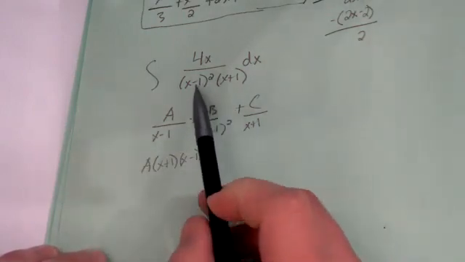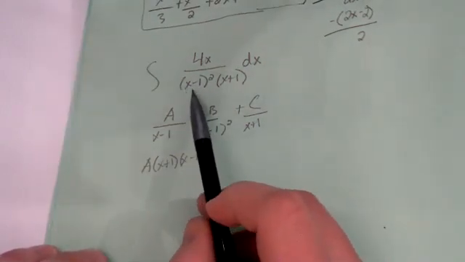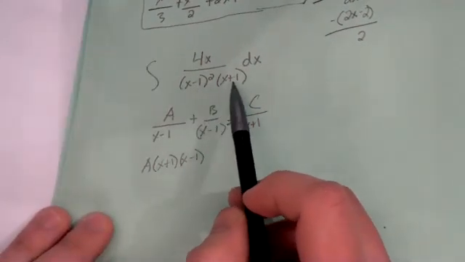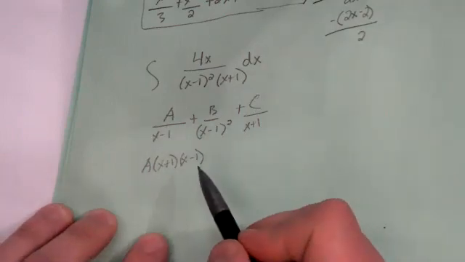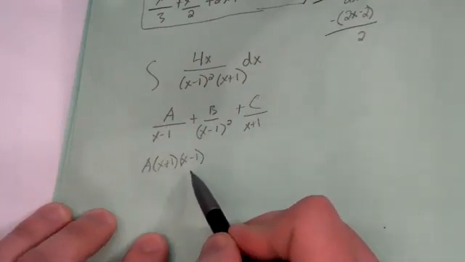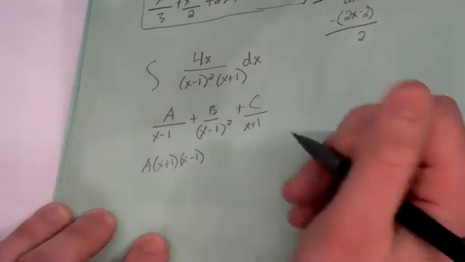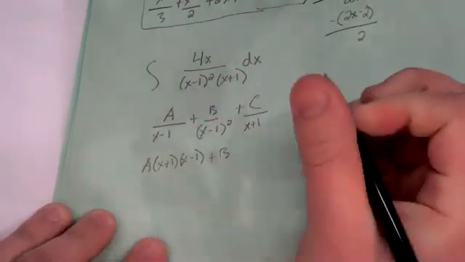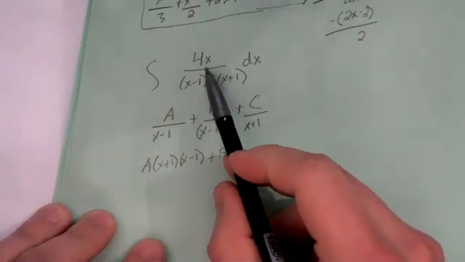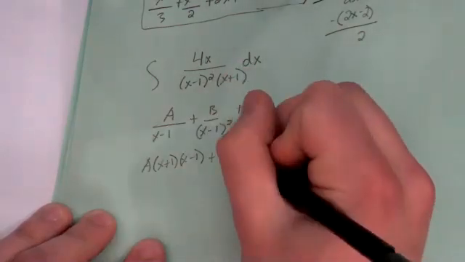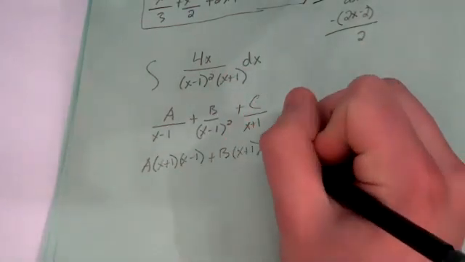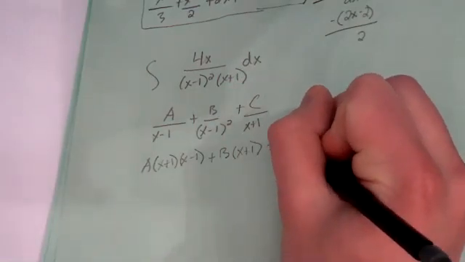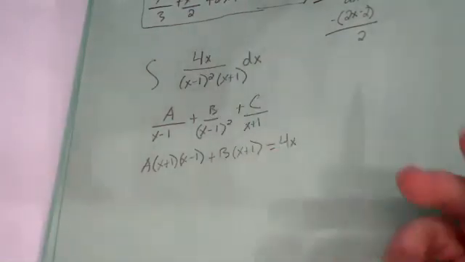So basically here we have an x minus 1 times an x minus 1 times an x plus 1. Well, a has that x minus 1 right here, so we just need the x plus 1 and the x minus 1 that remain. Plus b, so since b has that x minus 1 squared, that just needs to be multiplied by our x plus 1. And then that's going to equal the 4x up here.